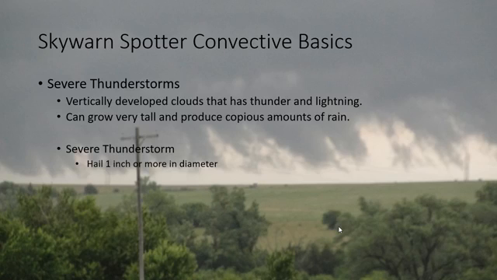Hail 1 inch or more in diameter. Wind speeds of at least 58 miles an hour. You could kind of guess, but if you see like 1 inch branches snapping off of trees and flying everywhere, maybe 2 inch, it's pretty bad.